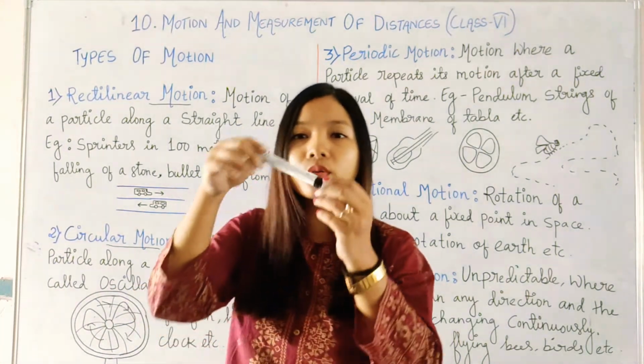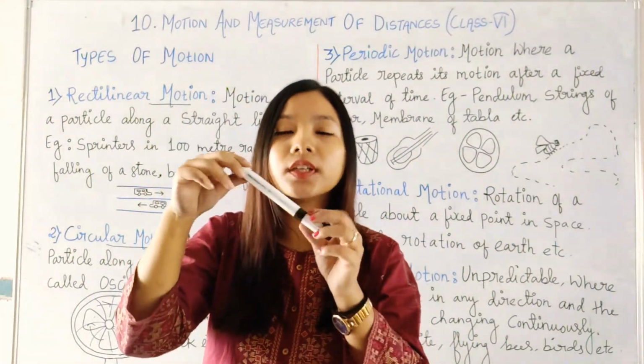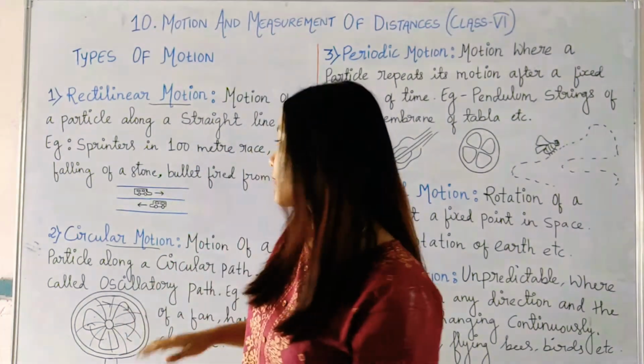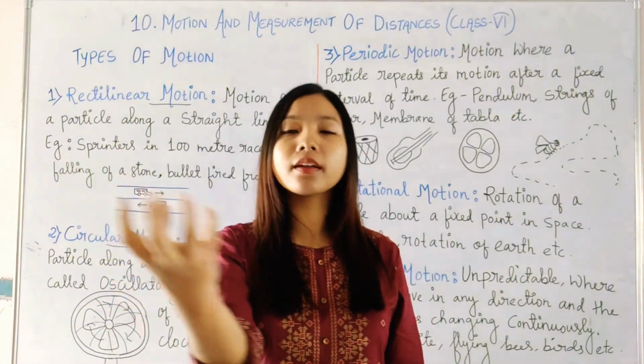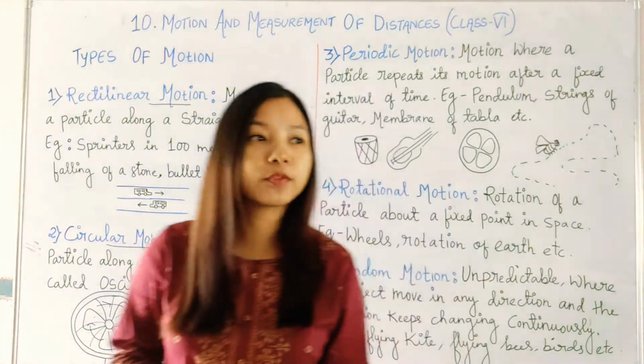They will keep on moving like this in a circle. The hands of the clock also will move in a circle. So these are some examples of circular motion. You can take the revolution of planets also. That is also one type of motion.